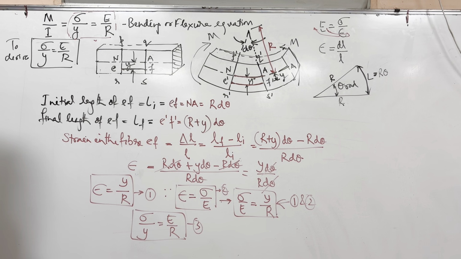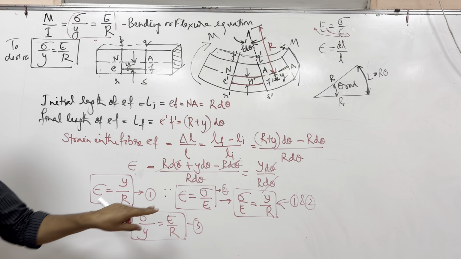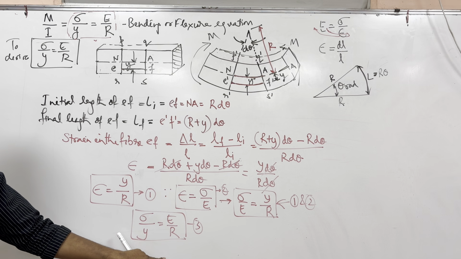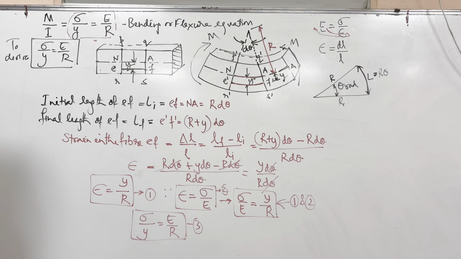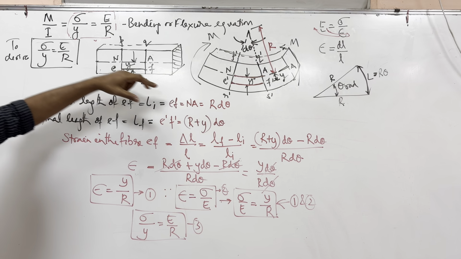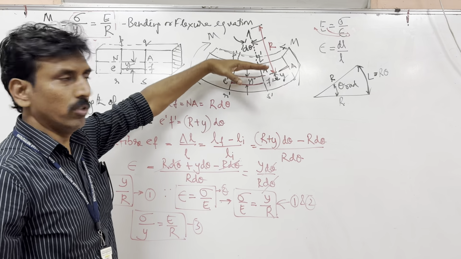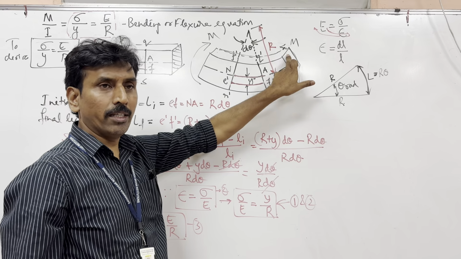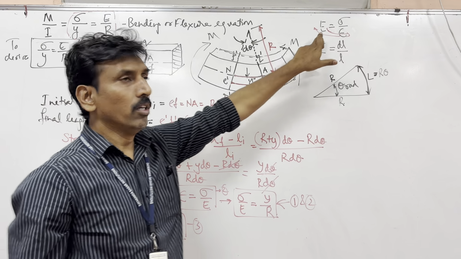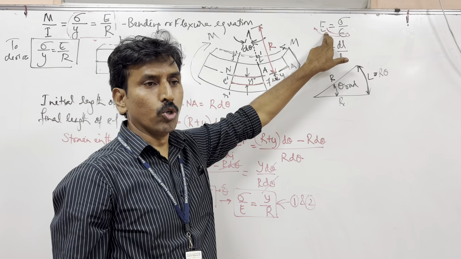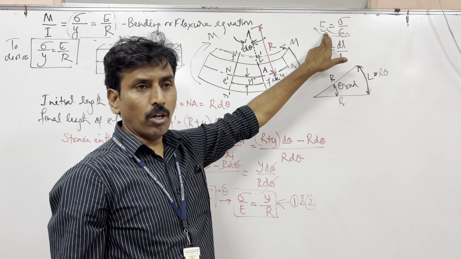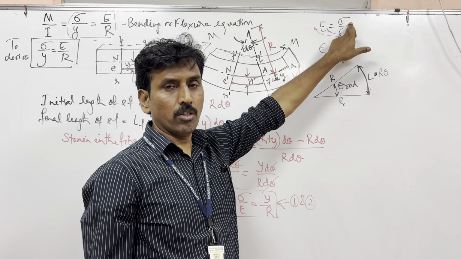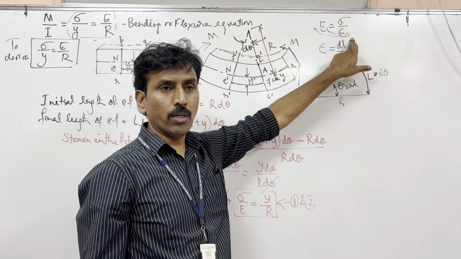So suppose this derivation has got 10 marks. If you derive up to this point, you will have 5 marks. So what all assumptions have we made? That as you bend, these fibers will not slip and come near. It will remain the same, that means this area will remain the same, and this material follows Hooke's law. So Young's modulus is equal to stress by strain, which means stress is directly proportional to strain within the elastic limit.